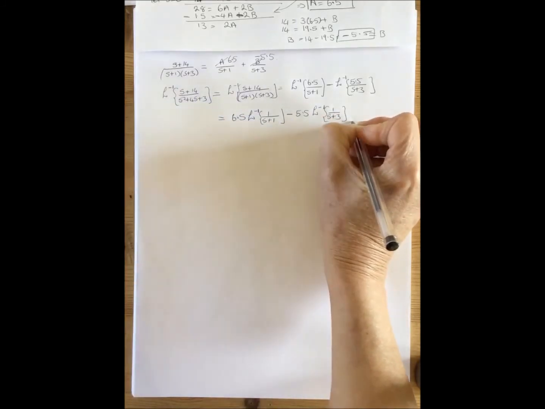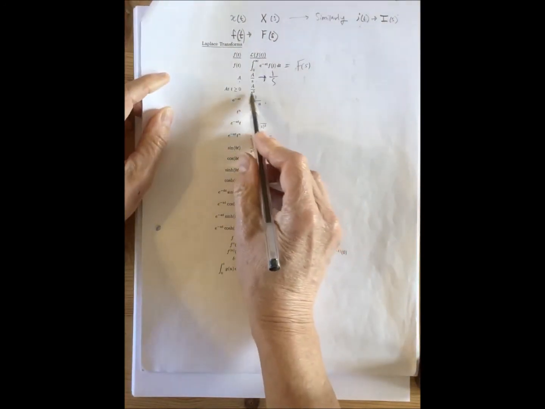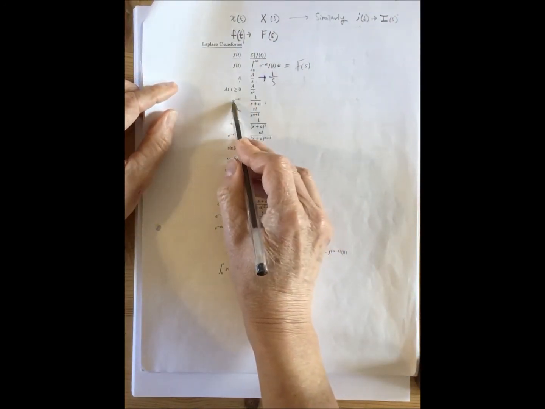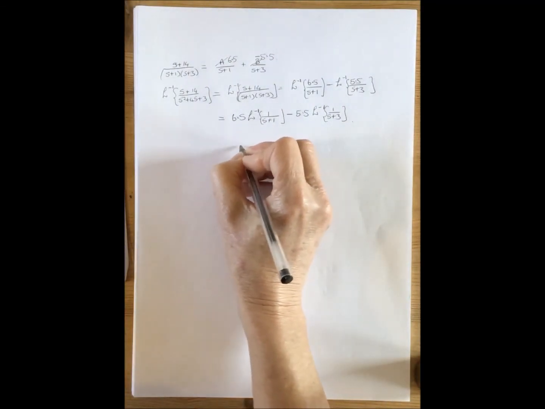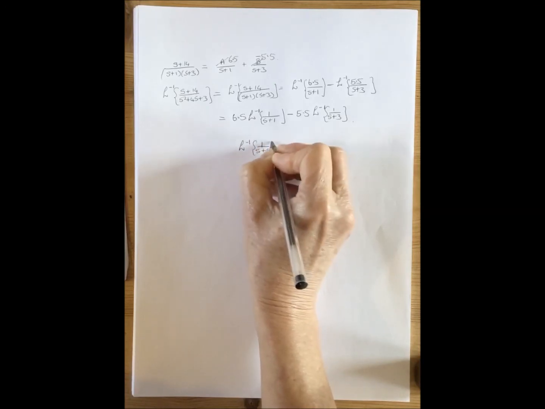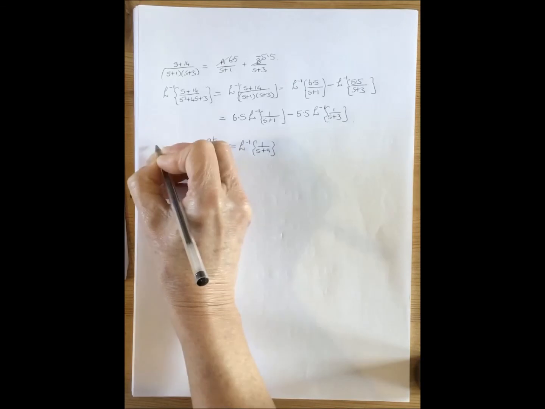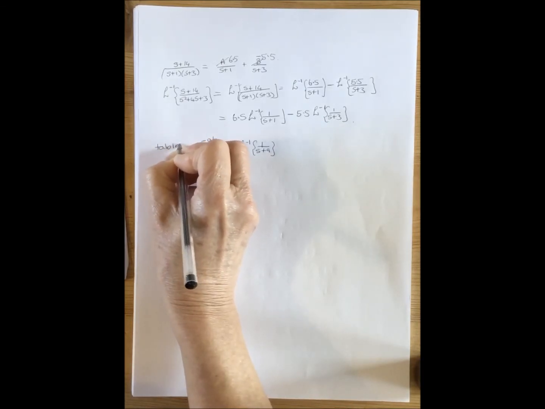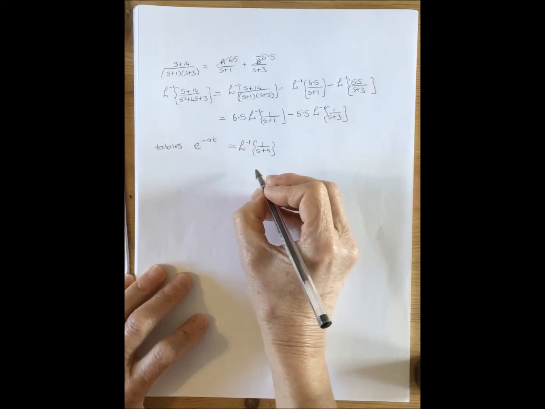Now I'm happy enough with those numbers, because if we look at the tables, we have 1 over s plus a equals e to the minus at. So if we do the inverse Laplace of 1 over s plus a, we will get e to the minus at from the tables. Right? So we can apply this now.